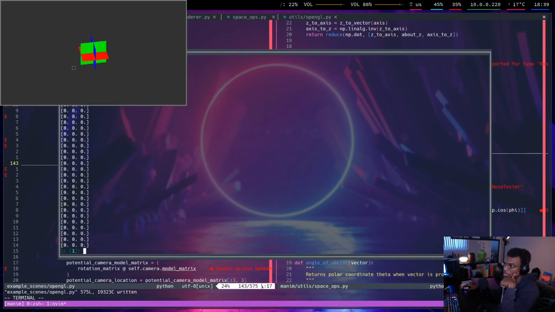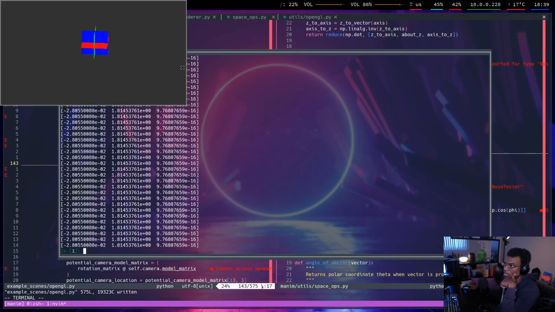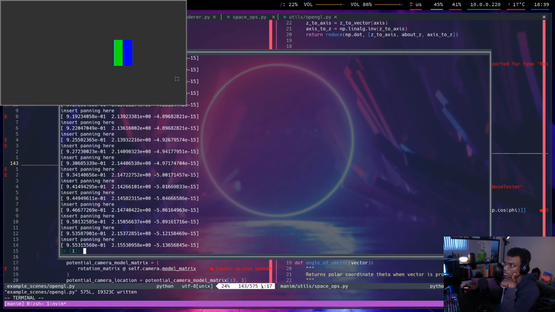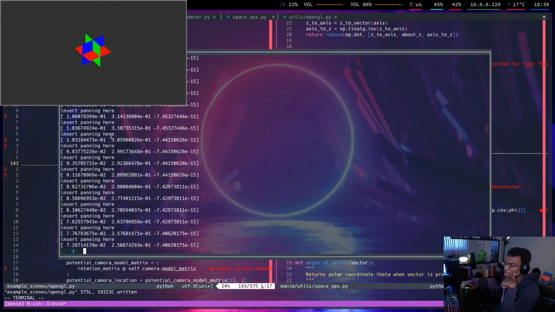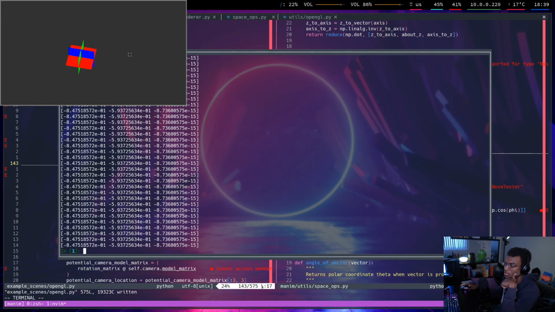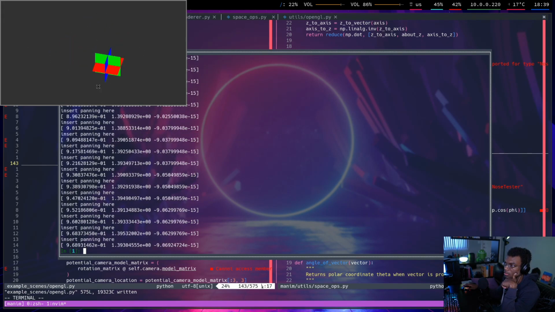Okay, so here's my rotation. Here's panning. It's not doing anything crazy. It's not like going off axis or anything.